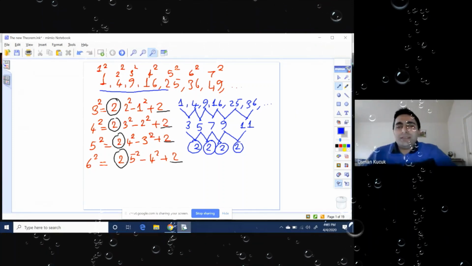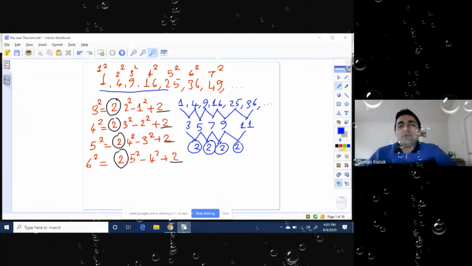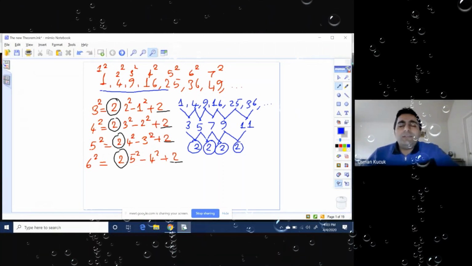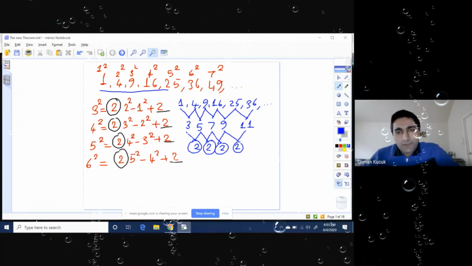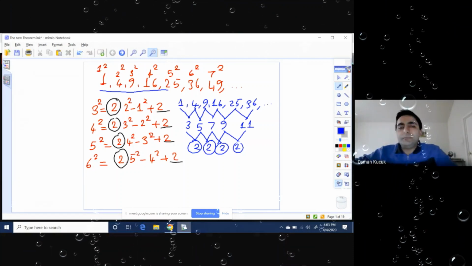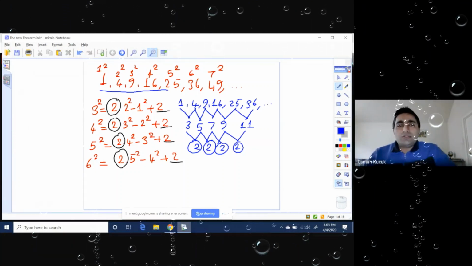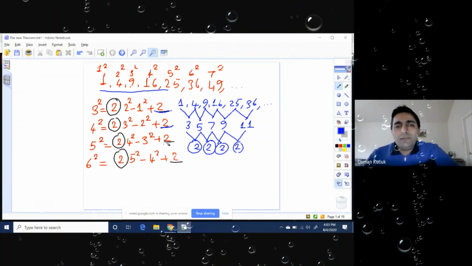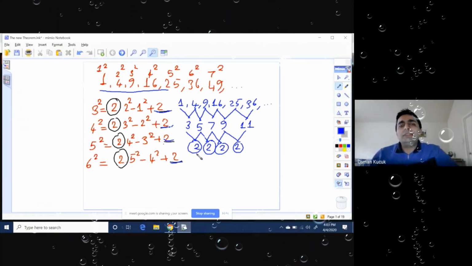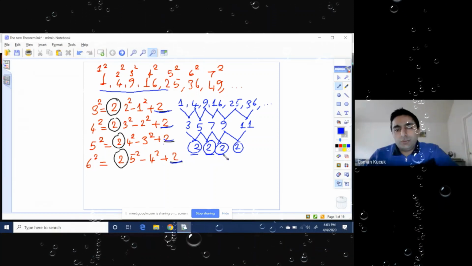And that's because the perfect squares form a quadratic sequence. If you have a quadratic sequence, then the second differences of it must be common. So the constant 2's are coming from the common second difference of the perfect squares, 2.